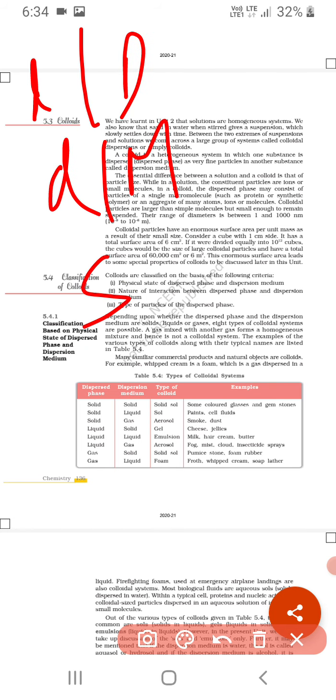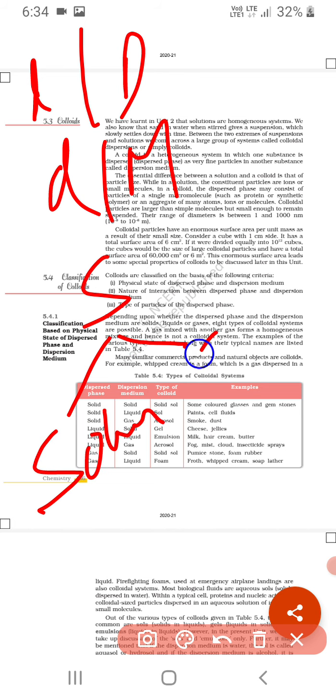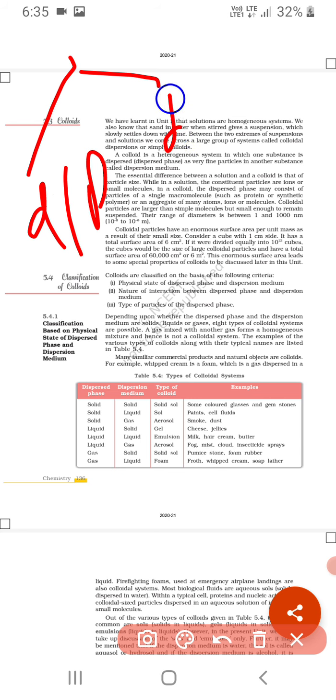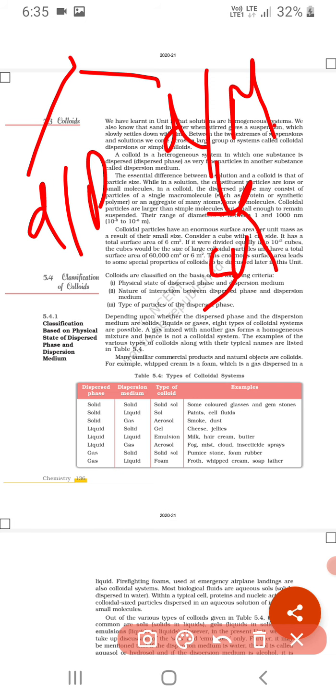In a solution, we have studied that there are two components: number one is solute and number two is solvent. Same in a colloidal solution, there are two major components. Number one, dispersed phase, and second, dispersion medium. Dispersion medium is the solvent and dispersed phase is the solute.